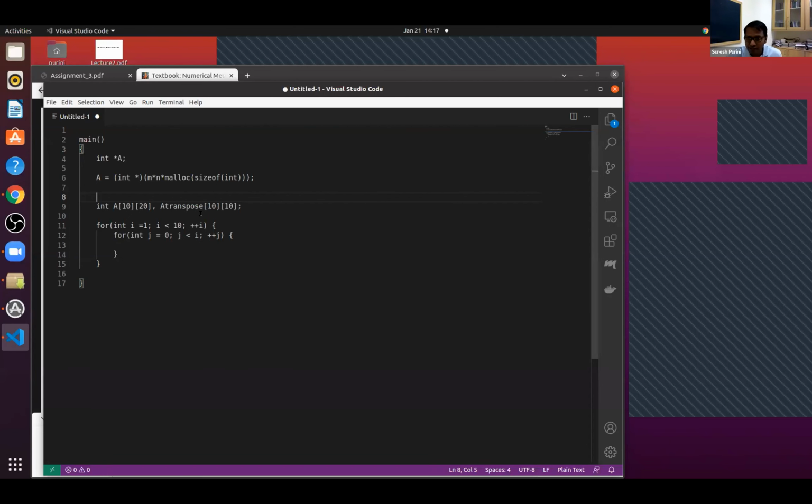Do you see here? So one way is you just allocate the mn memory necessary to store mn integers. Are you with me here? Using these pointers and dynamic memory allocation.